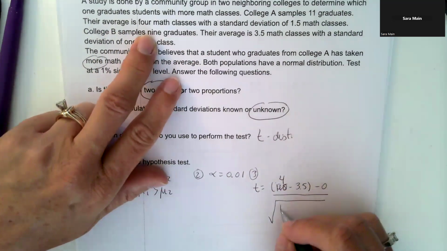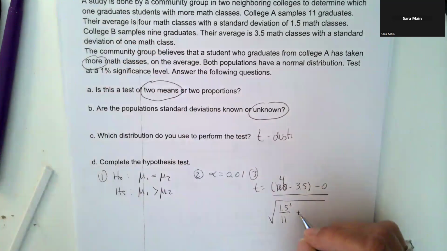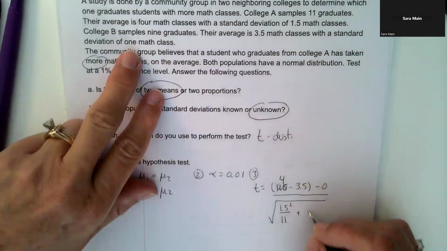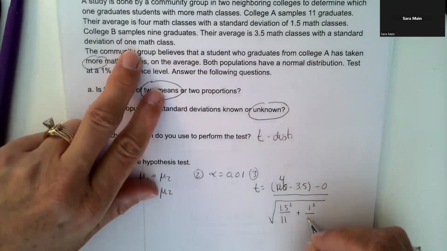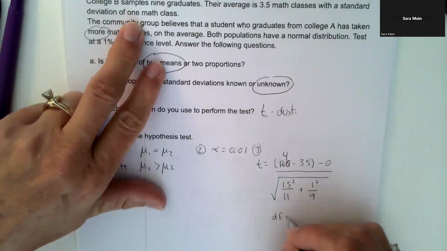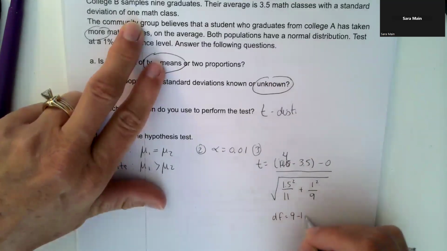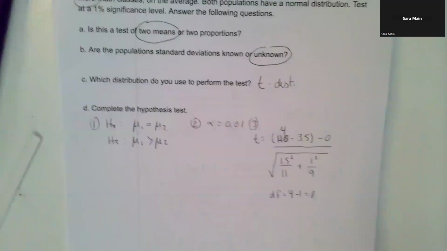Their standard deviation is 1.5 squared divided by 11 plus the other has a standard deviation of 1 squared divided by 9. So that means our degrees of freedom is going to be the smaller, so 9 minus 1 or 8. It should be 4 minus 3.5. Sorry about that.